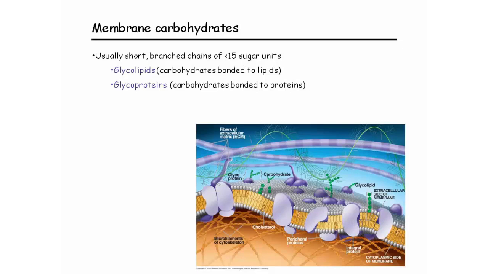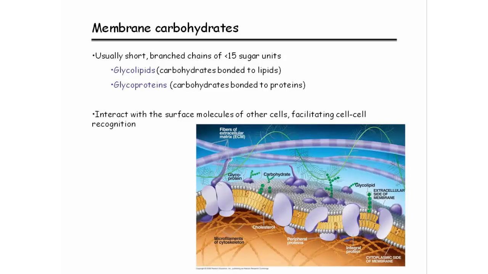Notice in this slide, the carbohydrates are the green parts, and notice that if we're looking at the plasma membrane, as we are in this picture, they're all on the outside or the exterior of the cell. This is important because they will be responsible for interacting with the surface molecules of other cells and thus facilitating cell-to-cell recognition.